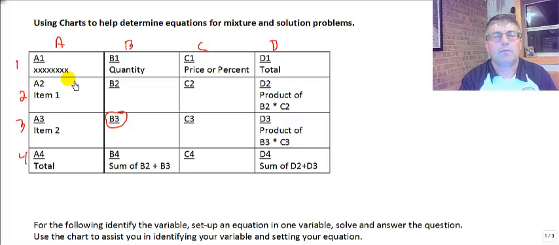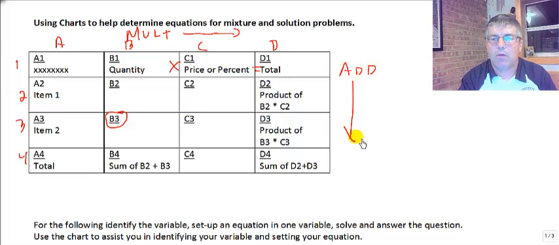But now we've got a chart. We'll also see this in Microsoft Excel. And in our charts, generally, we are going to multiply across the chart. So we might multiply B1 times C1, and that will equal D. And we will add down our charts. So multiply across, add down.